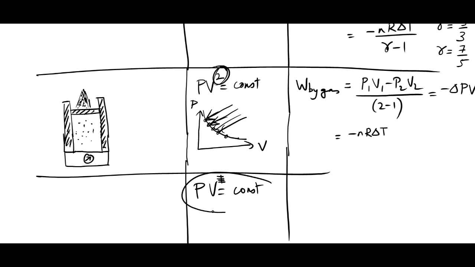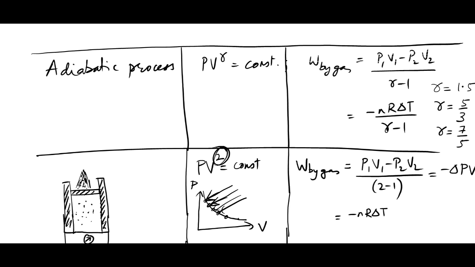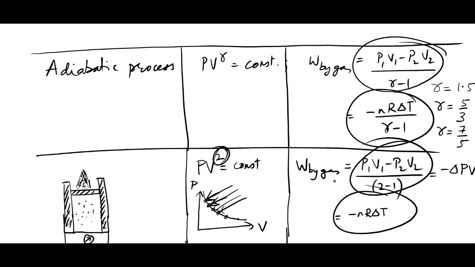So use that formula, and in all other cases use this formula or a formula similar to that, depending on the value of the power of V. So that's something that you ought to bear in mind.